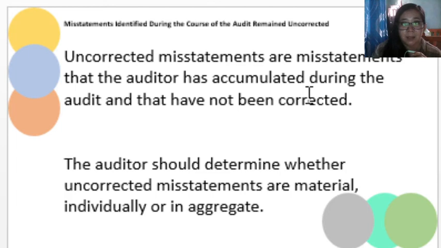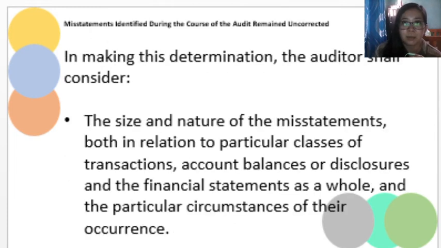Uncorrected misstatements, of course, are misstatements that the auditor has accumulated during his audit and that have not been corrected by the management. So the auditor in this case should determine whether these uncorrected misstatements are material individually or in aggregate. Okay? Also to determine if this has the effect of materially misstating the financial statements of the entity.